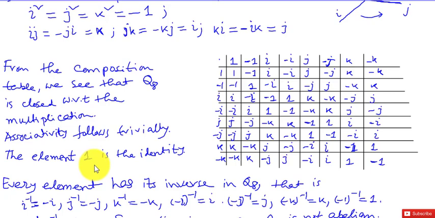The element 1 is the identity, because 1 into i is equal to i into 1 is equal to i. Similarly, 1 into j is equal to j into 1 is equal to j, etc.